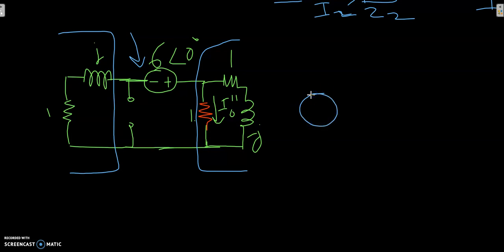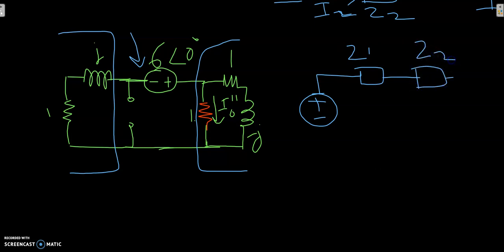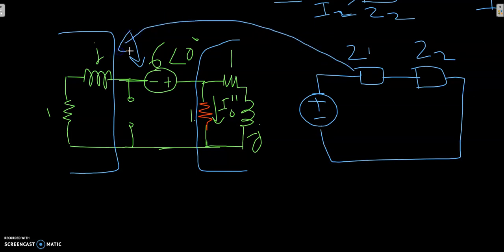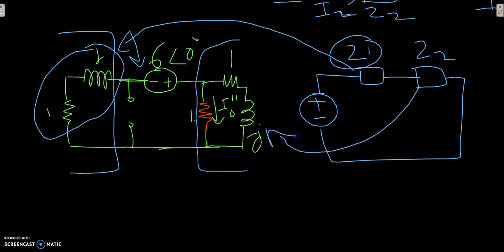basically this, and we have got two resistances, Z1 and Z2, and they are in series. So this Z1 is the combination of these two impedances, and Z2 is this, the 1 ohm resistance in parallel with the combination of these two.